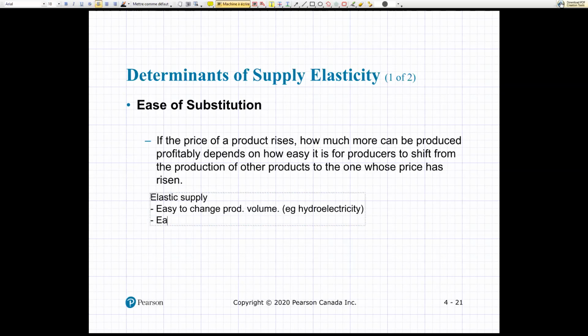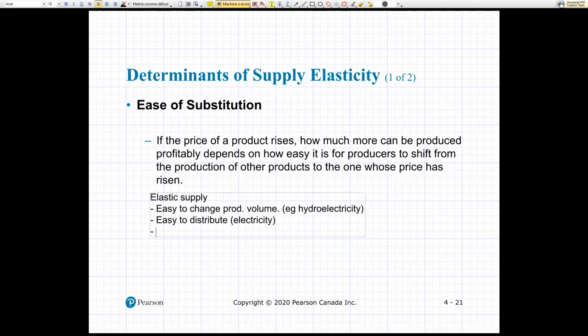It's also easy to distribute. Again, electricity is a good example, because the wires are all there. But if it's something that's hard to bring to people's homes, then even if people want more, it's not that easy for firms to react to it.